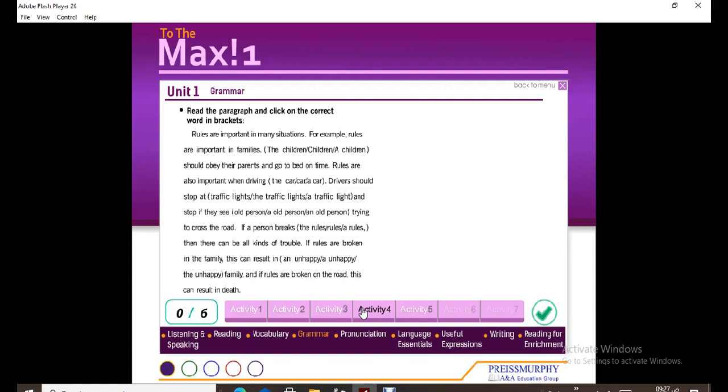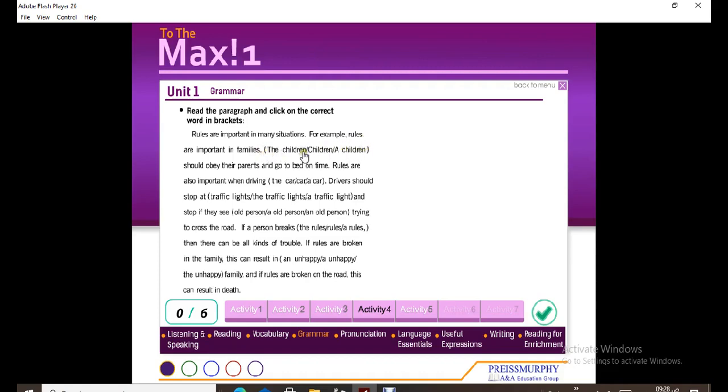Read the paragraph and click, it means make a circle or put a tick, on the correct word in brackets. Read the paragraph and click on the correct word in brackets. Okay, what do I mean by brackets? Those are brackets. This and this. Again, this and this are brackets.